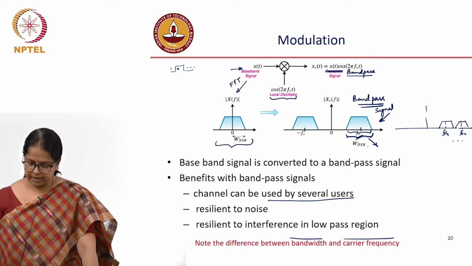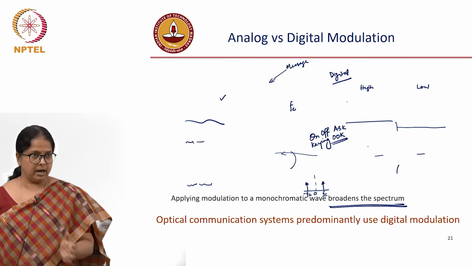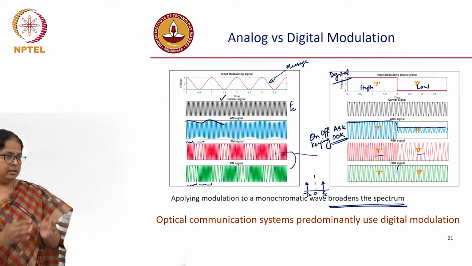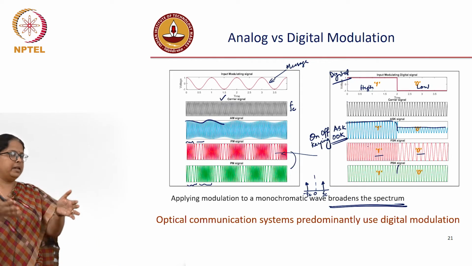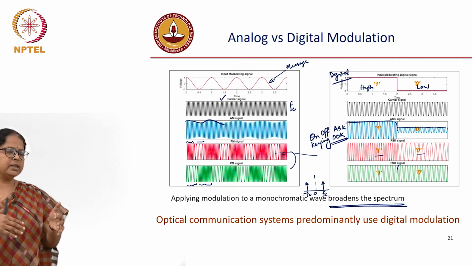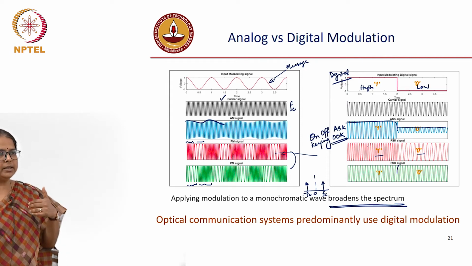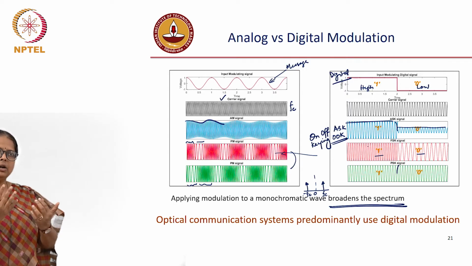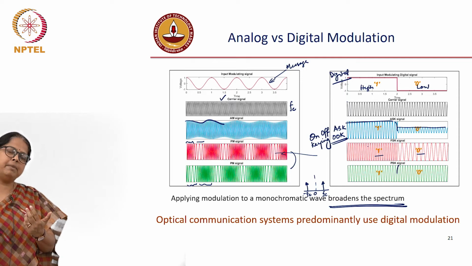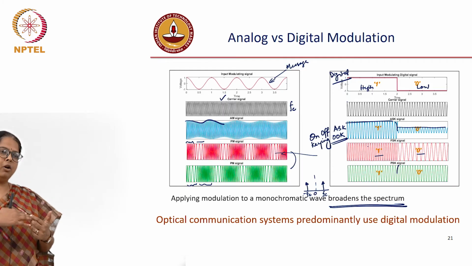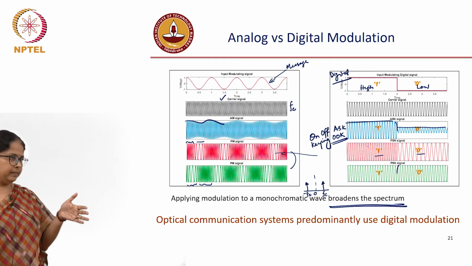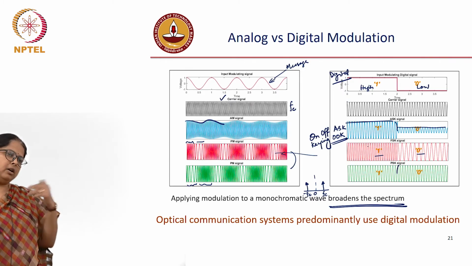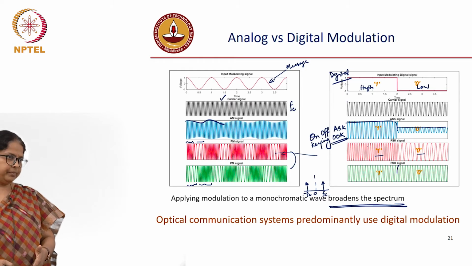This is important to understand, the broadening of the spectrum depending on your bandwidth, because later on when we do optical communication, there are certain impairments that happen which are dependent on the bandwidth of your signal. So, when we do that, we will recall this idea once again.